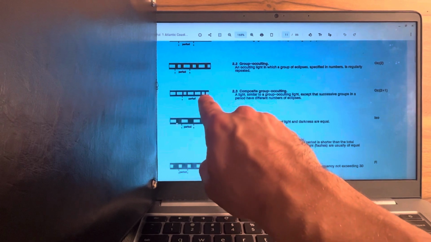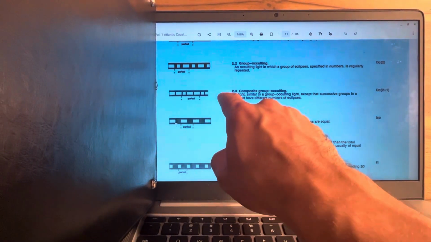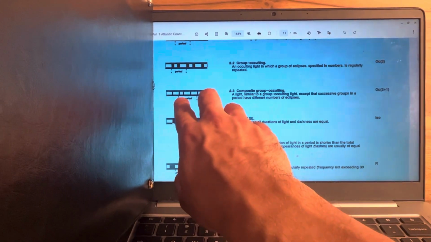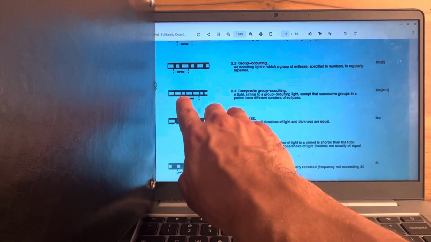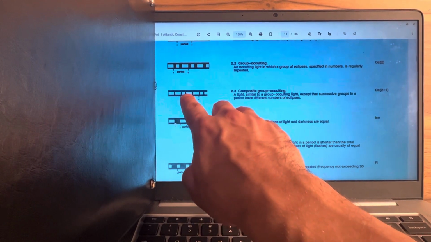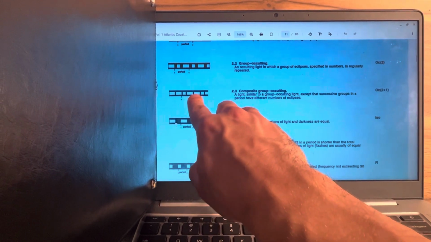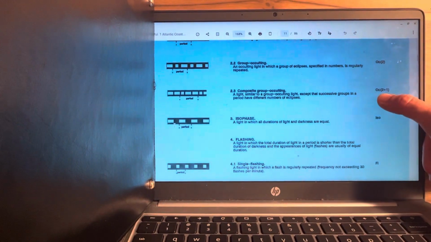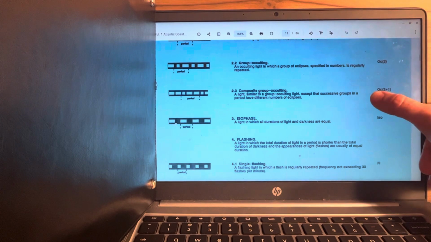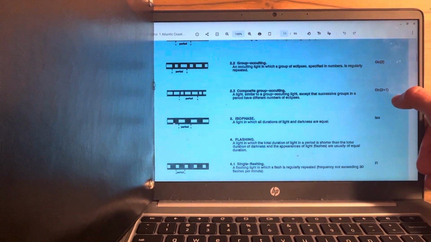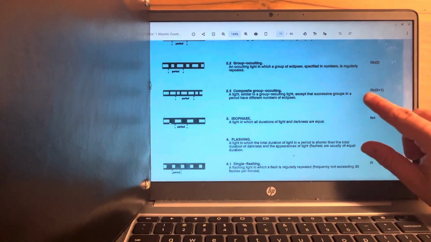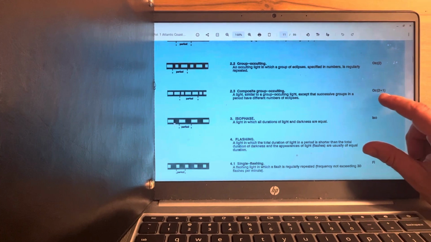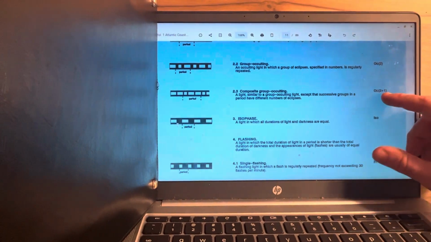Then it goes off, on for a bit, off, on for a bit. So it's repeating this set of 2 times it turns off, waits a bit, turns off again, waits a bit, and then repeats the cycle. And you can see that displayed in the notation right here. Occulting 2 plus 1, meaning it's group occulting. It has a period of 2 off plus 1 more off after a quick pause.